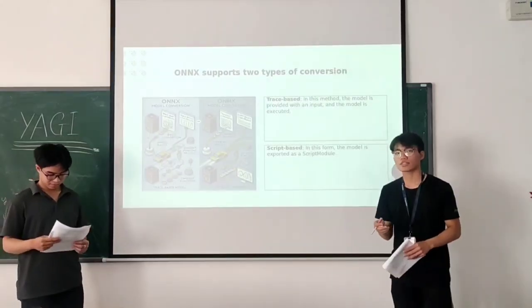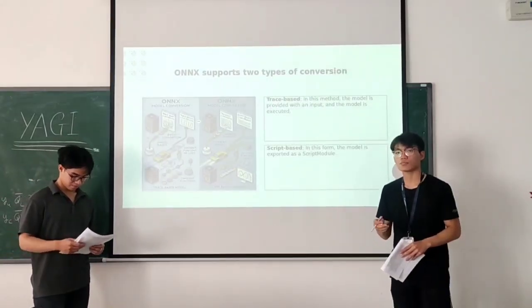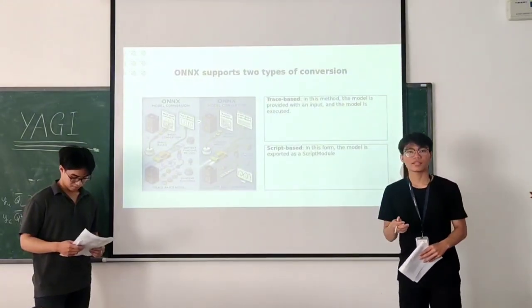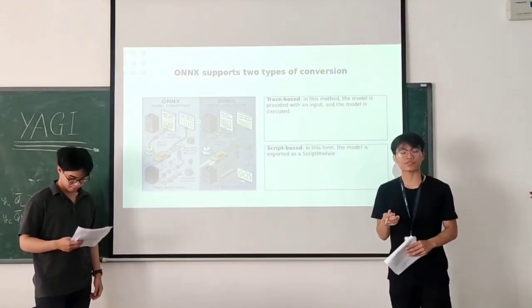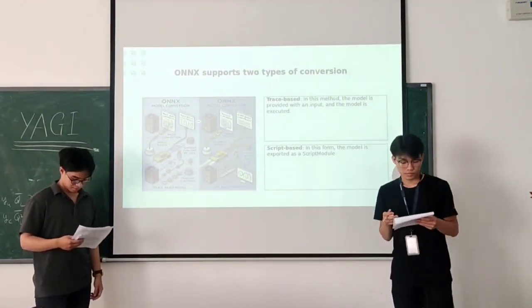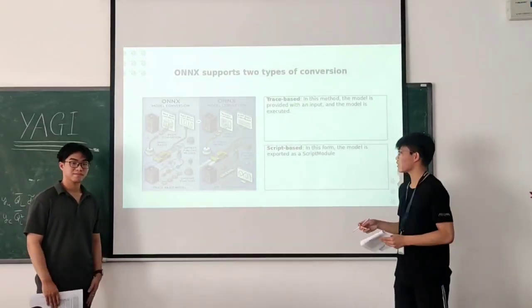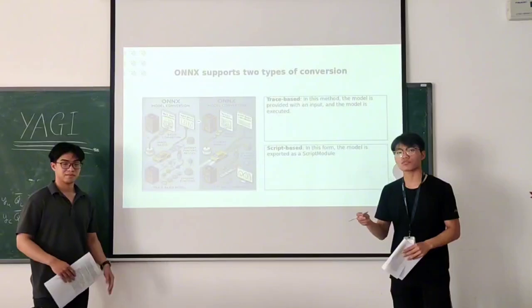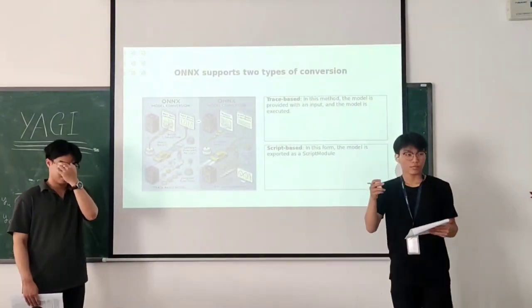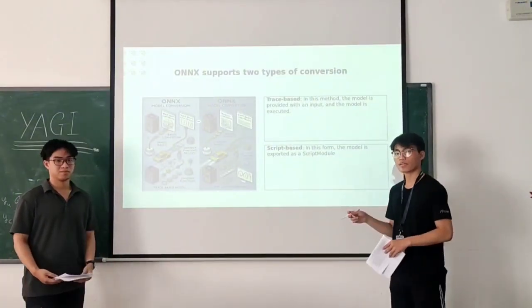A notable caution here is that if the model is dynamic, meaning it uses different functions depending on the input data, then the model after conversion may not function correctly.